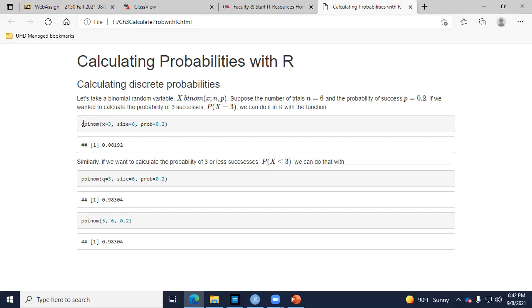The R language, like d-something, in the future when we do the normal distribution, will be dnorm, pnorm. It will be the same pattern. But here, we just take the binomial as an example. You did also the binomial. Yeah. Yes.